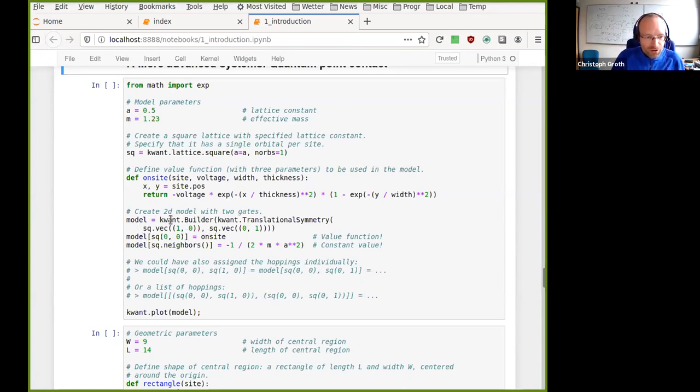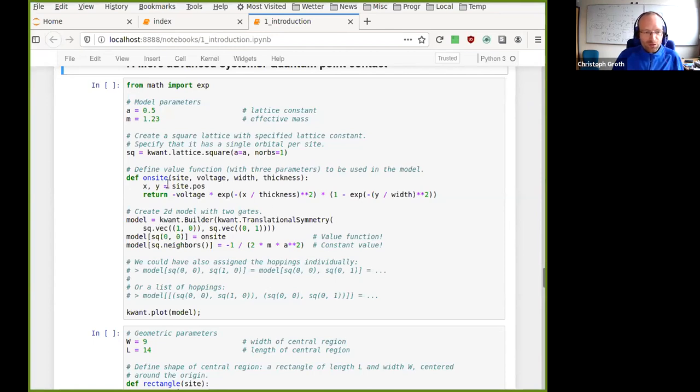Here, by the way, note one complication compared to the case before. Before, in the translation symmetry, we simply had translation symmetry and then the real space vector, which was -1, 0, for example. And here I'm using the method vec of the lattice. sq is the lattice. And this is a method which allows me to convert lattice space to real space.